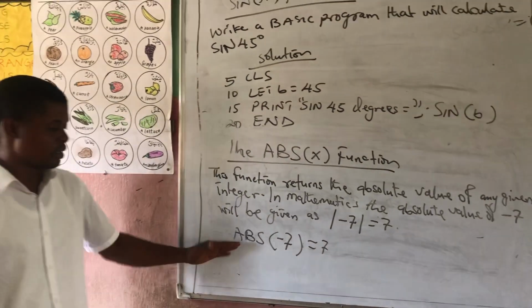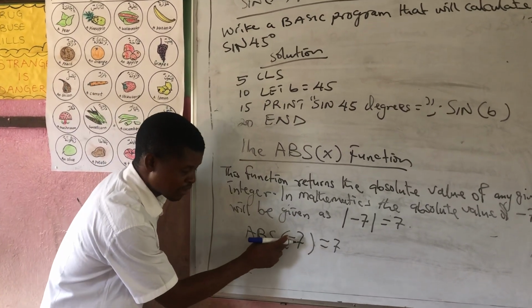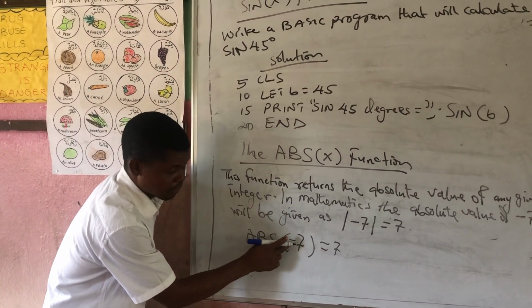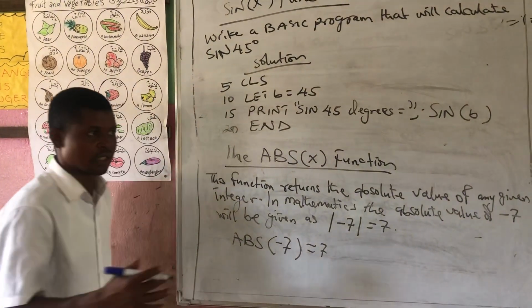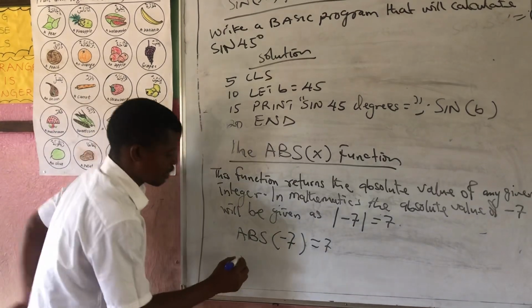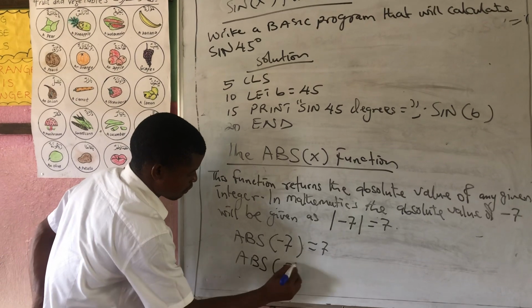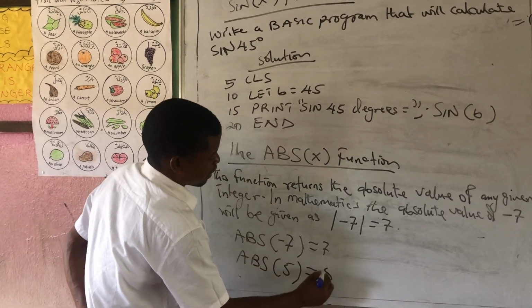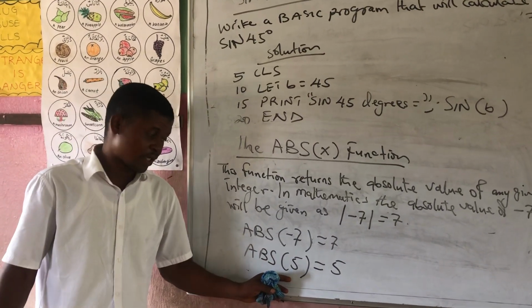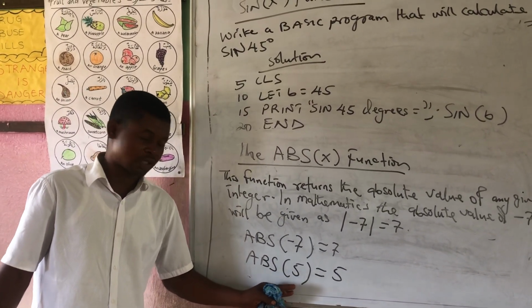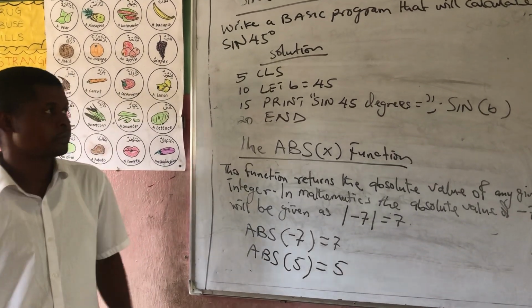What this ABS does is that it removes the minus sign in front of any given negative number. So what happens if we have ABS of 5? It will still give you 5, because 5 is already having a positive sign. A number without a sign is considered to be positive, so it will remain positive.